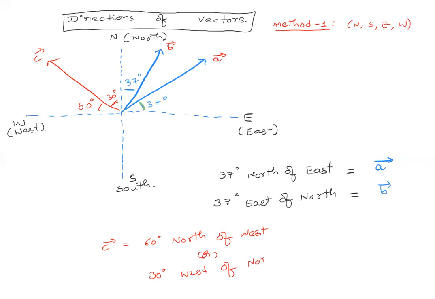This is how you represent in terms of direction. You explain it in English and then you try to put it. So that is regarding method one, in terms of direction.